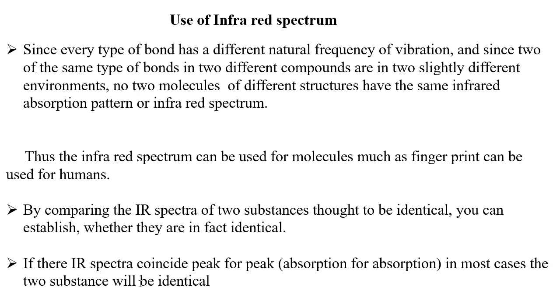That is, we have to compare peak for peak or absorption for absorption in two compounds, and if these peaks or absorptions are the same in both compounds, we can say the two substances are identical. Okay, that is how we can identify molecules with IR spectrum, right?